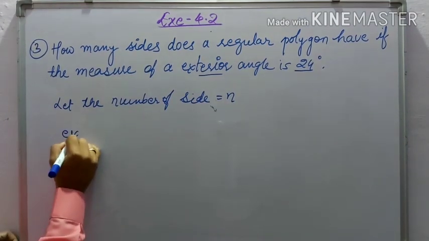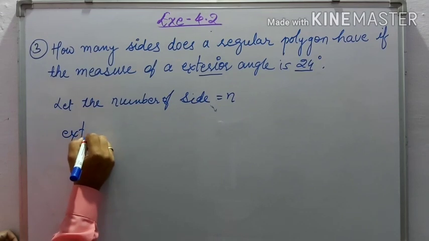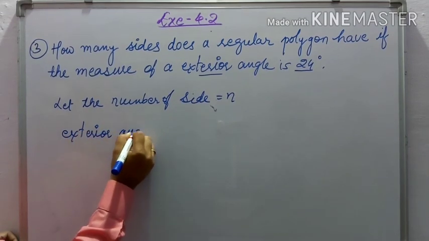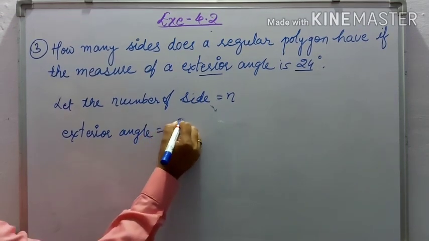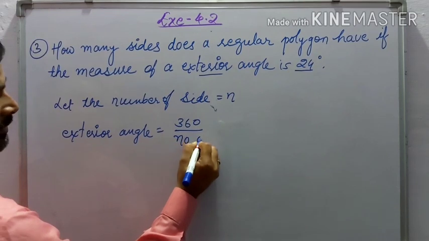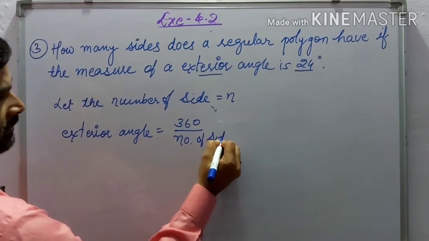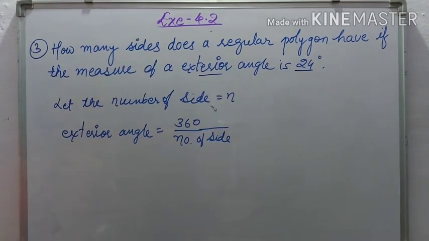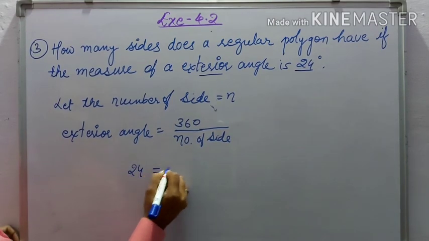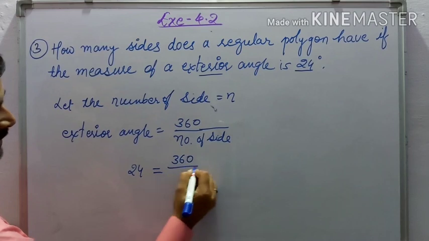Write the exterior angle is equal to 360 upon the number of sides. Put the values: exterior angle is 24, 360, and number of sides is n.